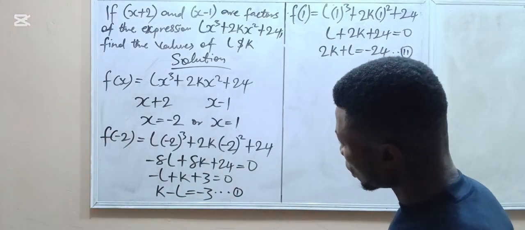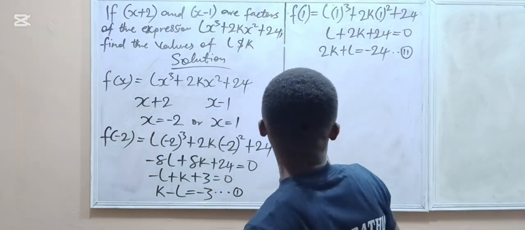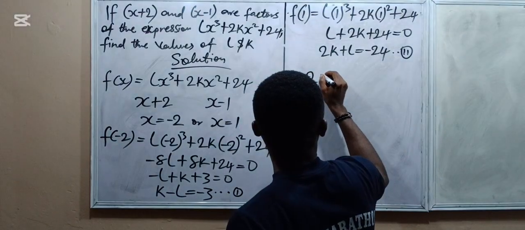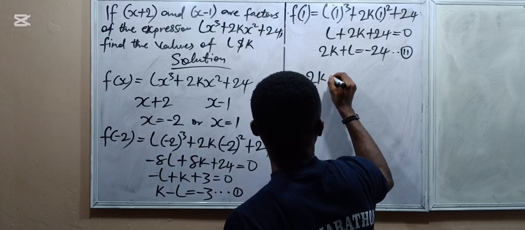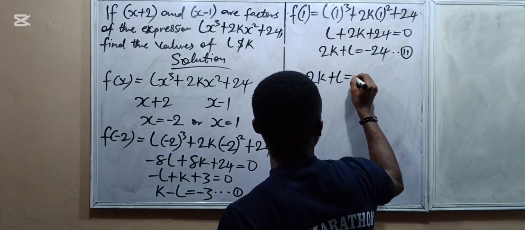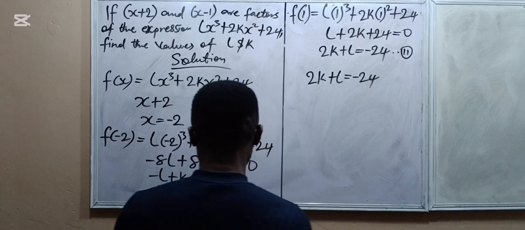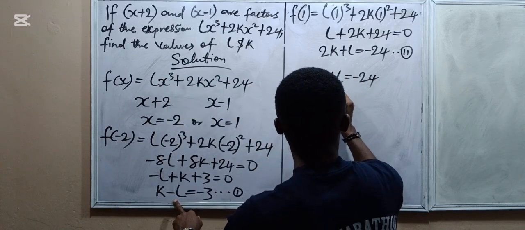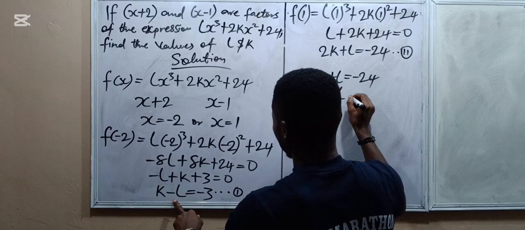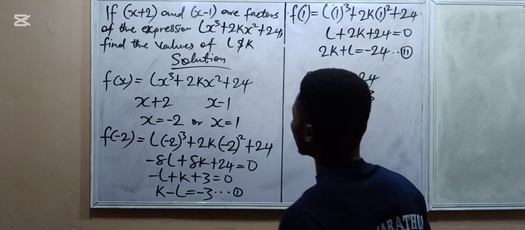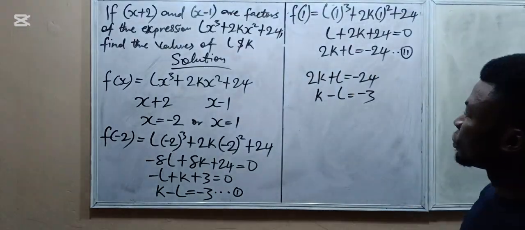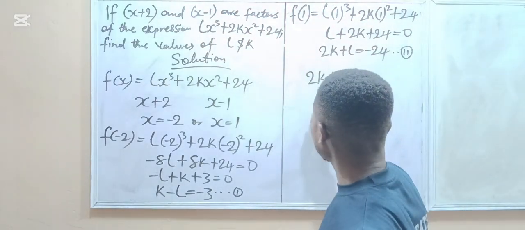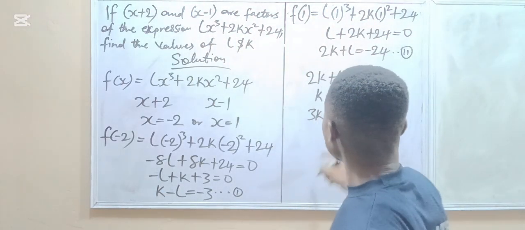Now let's bring them together, equation 1 and equation 2. Equation 2 is 2k plus L is equal to minus 24, and equation 1 is k minus L is equal to minus 3. Now we add them together. We add 2k plus k, we have 3k.